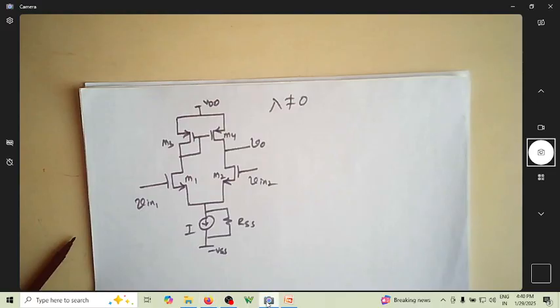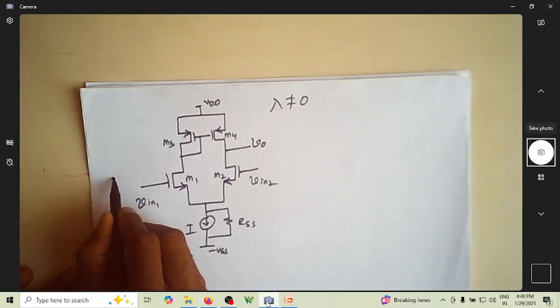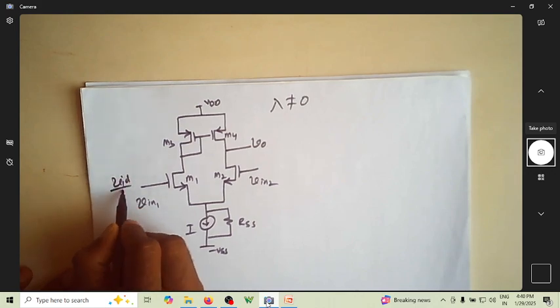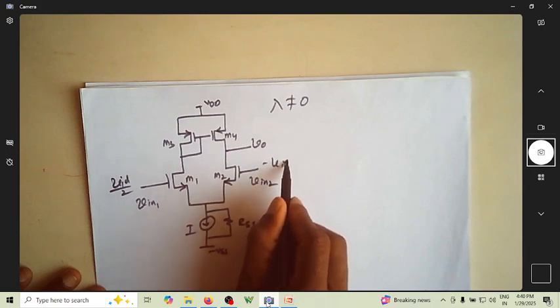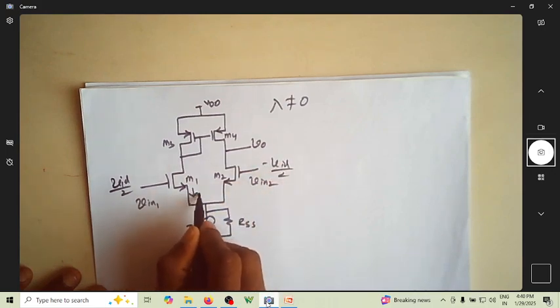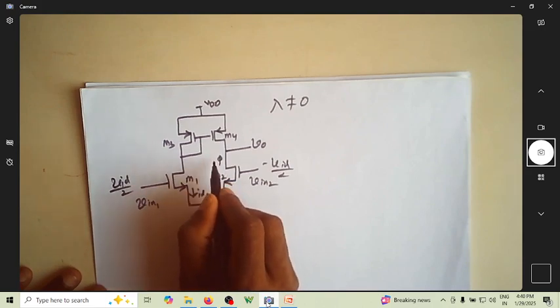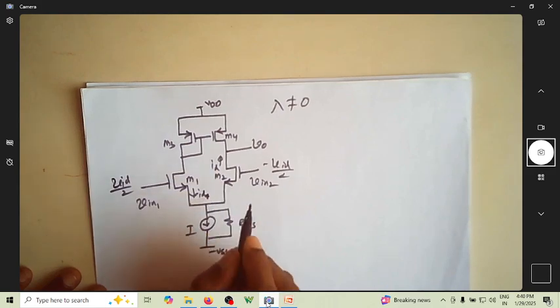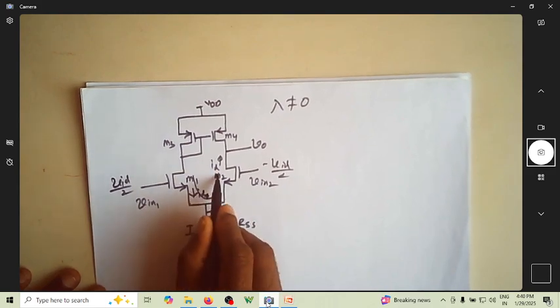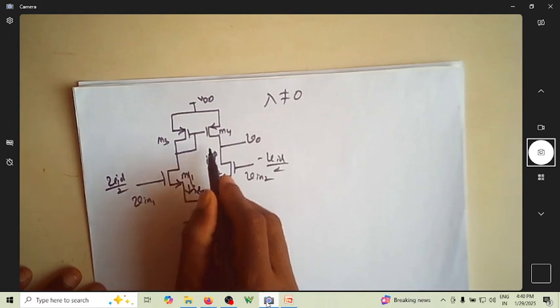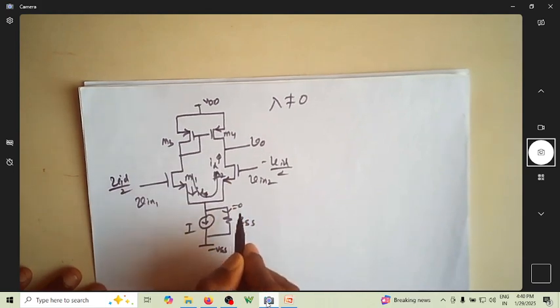Since you have this as VID by 2 and this as minus VID by 2, the ID will flow here, and the same quantity of ID is going to flow here. Since the same current flows from M1 and M2, actually zero current flows to this.